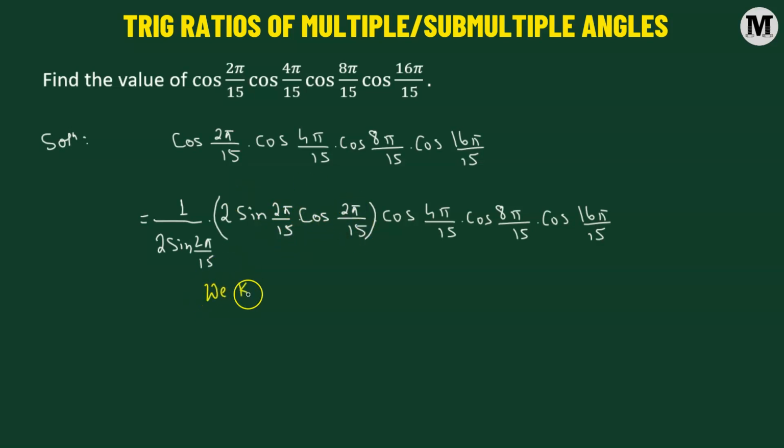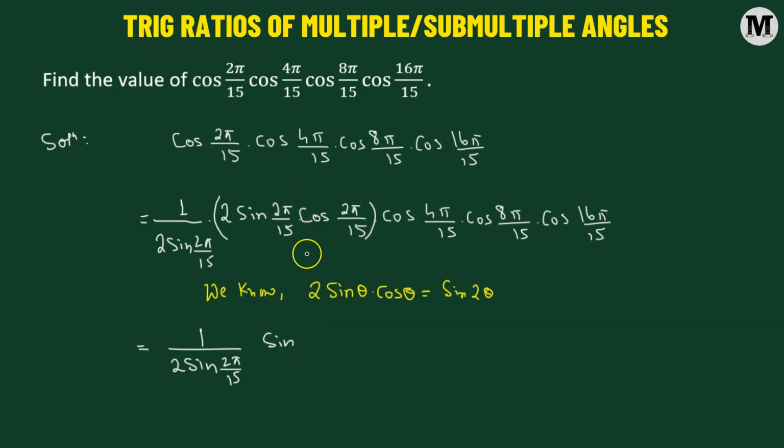Here we know for a fact that if we have 2 times sine of theta multiplied to cosine of theta, that is equivalent to sine of 2 times the angle theta. Meaning, now what we can do, we have the extra factor 1 over 2 times sine 2 pi over 15. Here we can combine 2 sine 2 pi over 15 and cosine 2 pi over 15 to get sine of 2 times the angle 2 pi over 15.